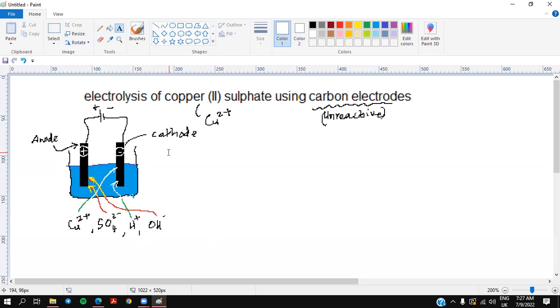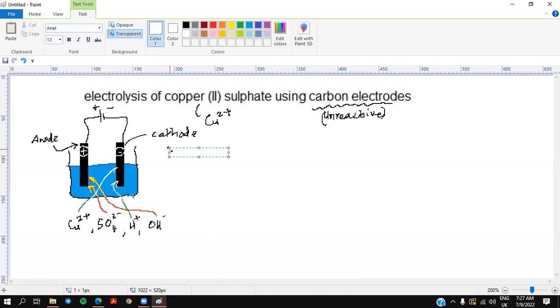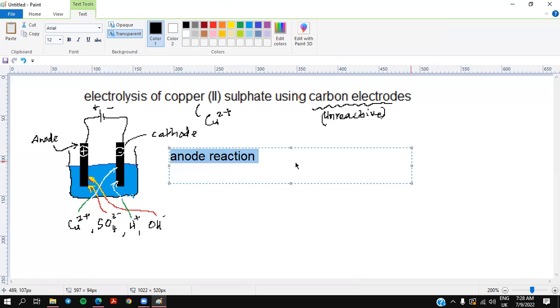As usual, we'll start with the anode reaction. There are a few things to remember. Do you know the type of reaction shown at the anode? What type of reaction happens at the anode?